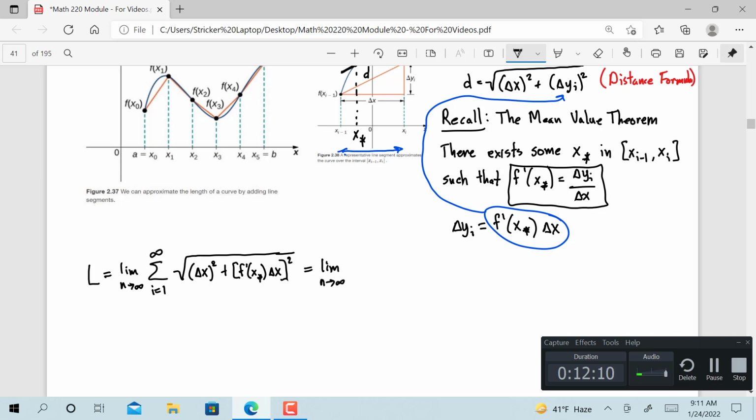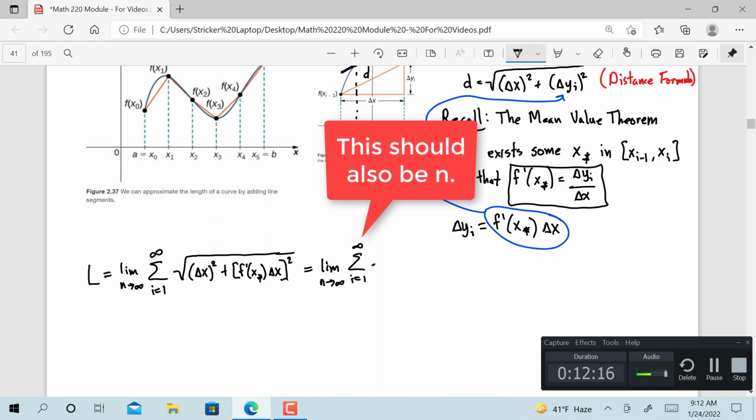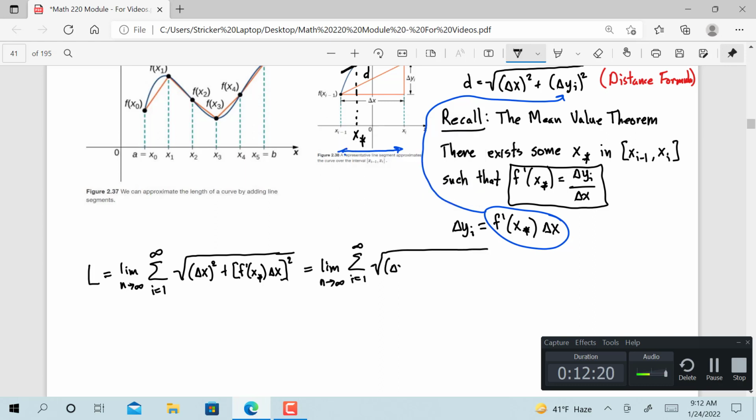So if I do that, I can rewrite this: limit as n approaches infinity, sum from i equals 1 to infinity, and we have the square root of delta x squared times the quantity 1 plus f prime of x star squared.